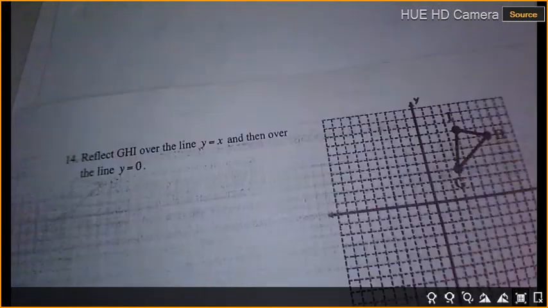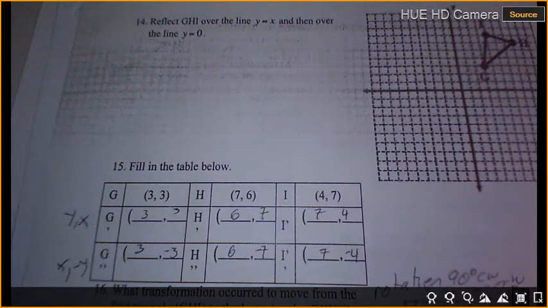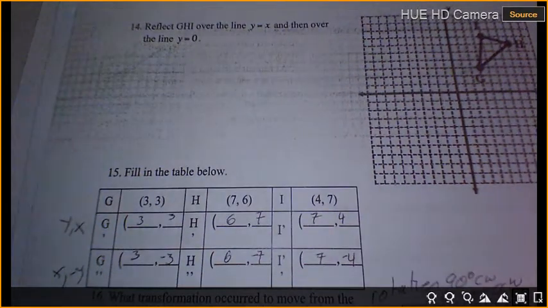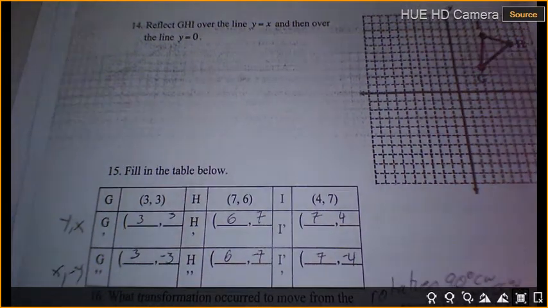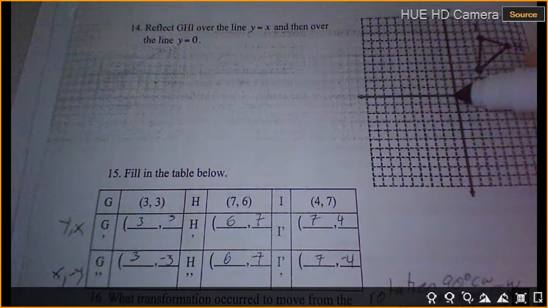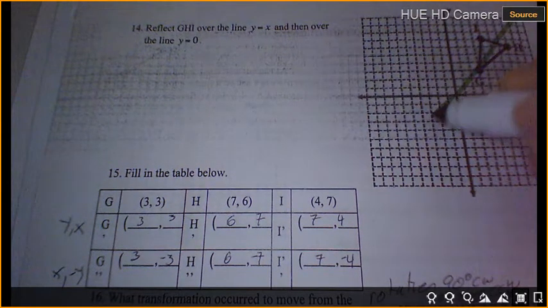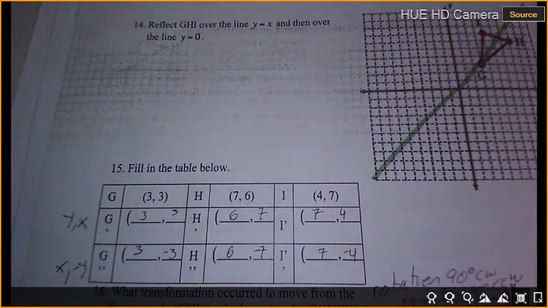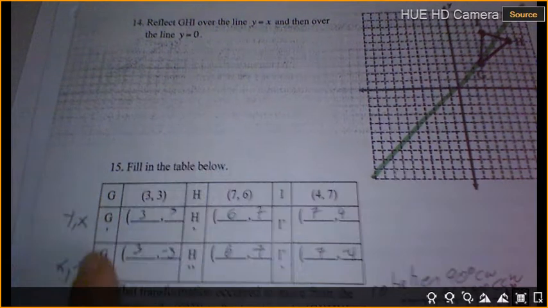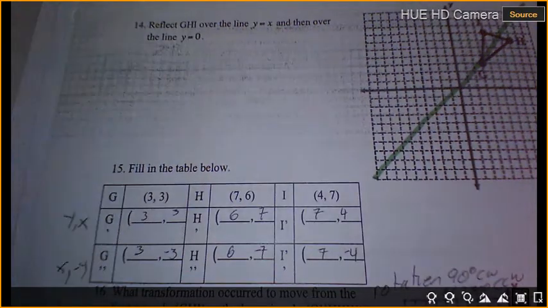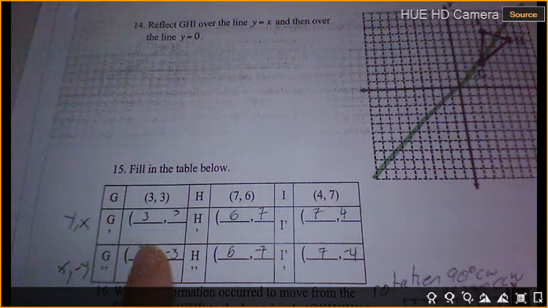Okay, we're going to reflect over y equals x and then over y equals 0. I hate reflecting over the sideways line, right? We know that y equals x goes like this. I find it really hard to do that. So I just memorized that it means to flip these.